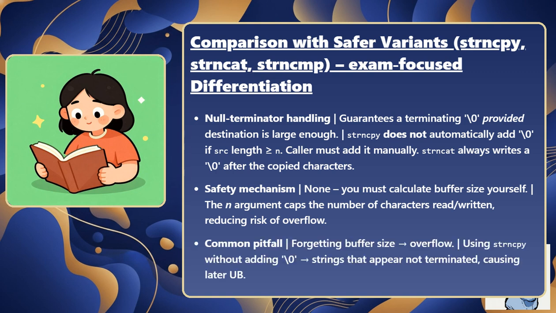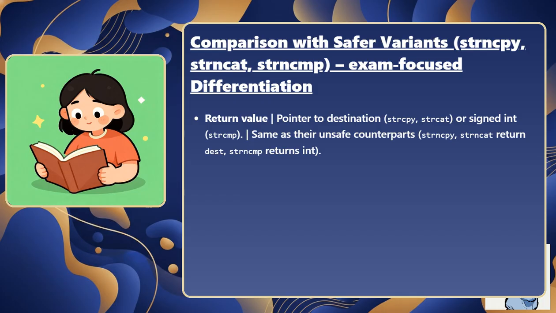Common pitfall: forgetting buffer size leads to overflow. Using strncpy without adding a null character results in strings that appear not terminated, causing later undefined behavior. Return value: pointer to destination for strcpy and strcat, or signed integer for strcmp.